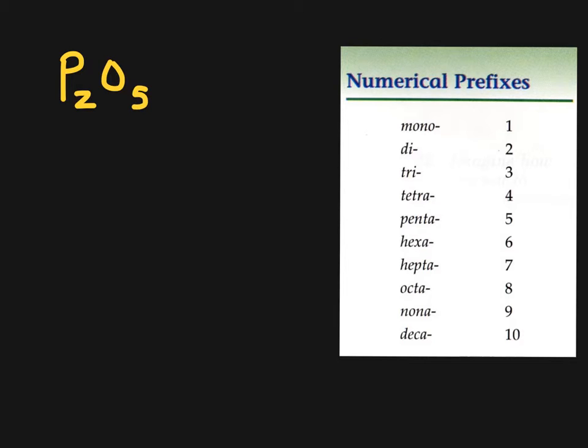There is no transfer of electrons, so we're going to use the subscripts as the prefixes, okay? So P2, 2 means di. If we take a look right here, 2 means di, so we're going to call this diphosphorus.